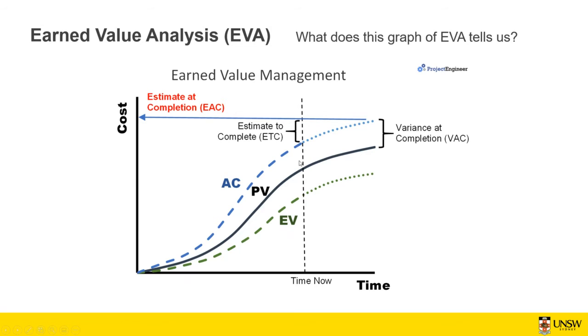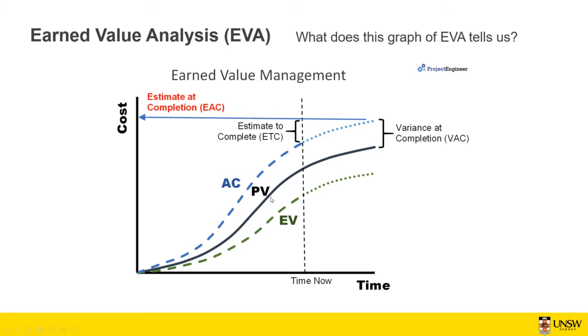Okay, so there are some things. First of all, we can see that we got planned value and earned value. If you compare these two, you can see that earned value is constantly below the planned value.